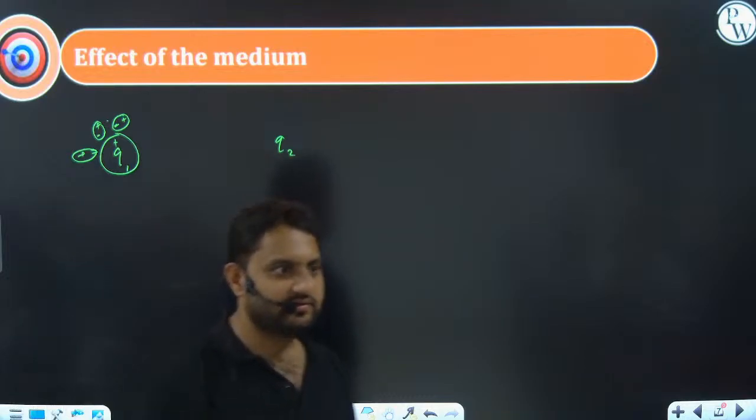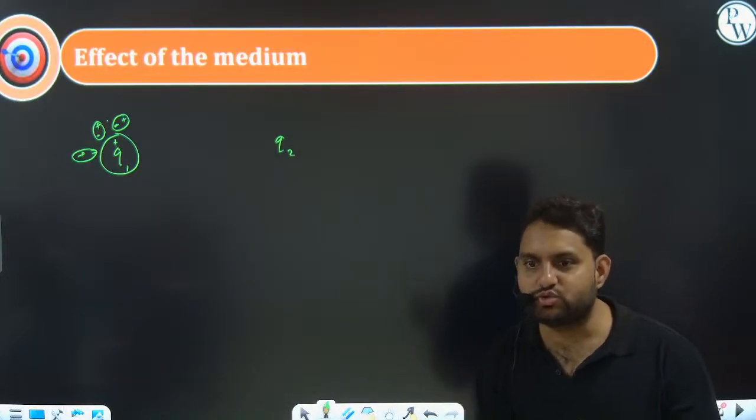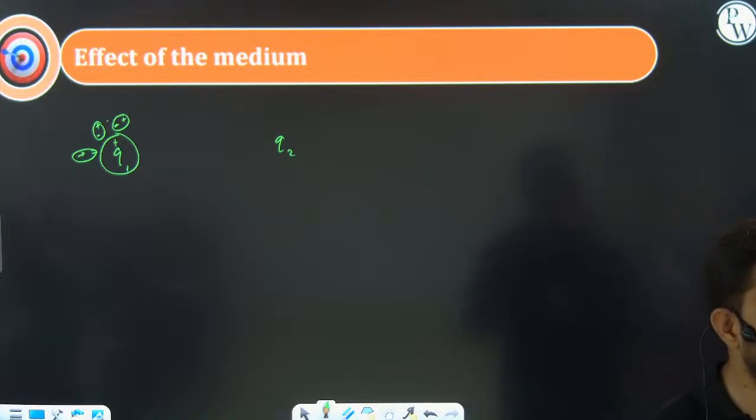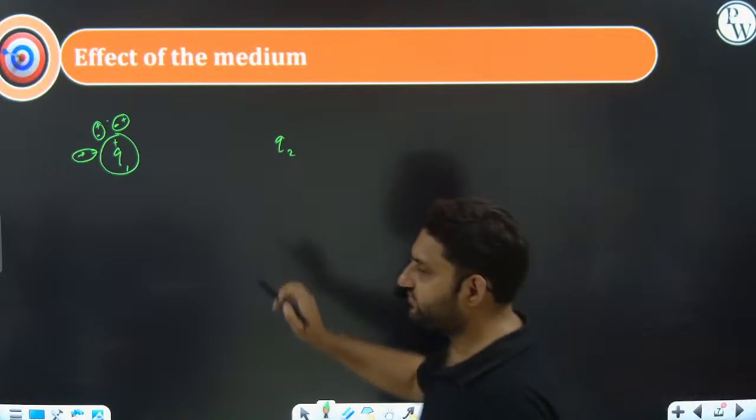Are you getting me? So what will happen? The net force will reduce because of the presence of the medium, since the medium itself has polarized and the medium is opposing that force, creating the opposite effect.